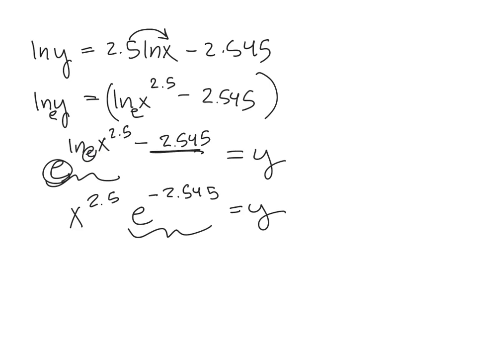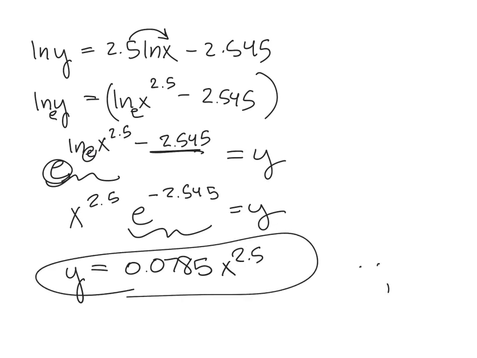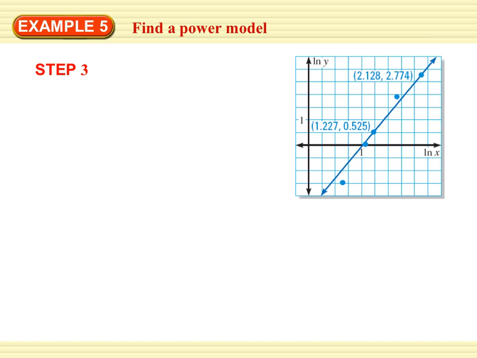E to the negative 2.545, y equals 0.0785 x to the 2.5. Whew, that's really not a smiley face. It's like a wiggly face with sweat dripping off of my head. That's awful. That's tough. We're going to have to practice that one more time for our homework, but that's not fun. Moving on.